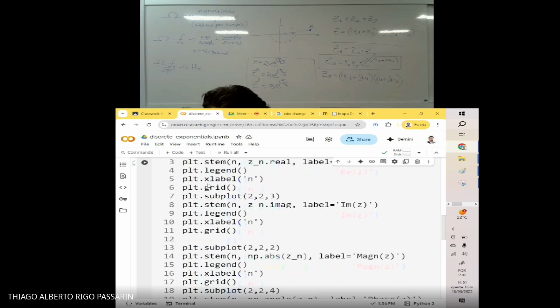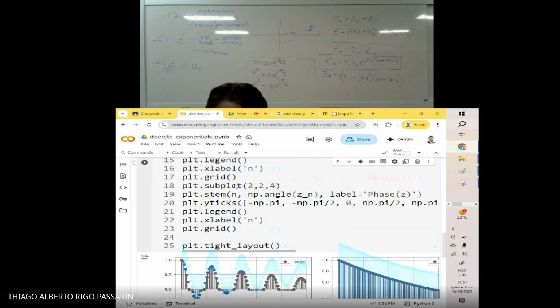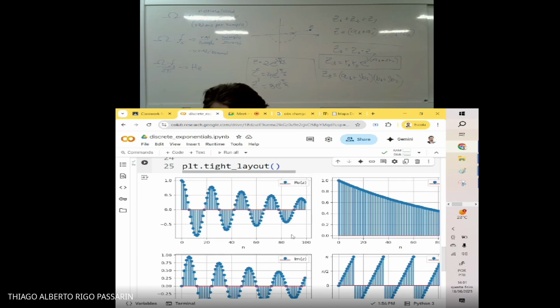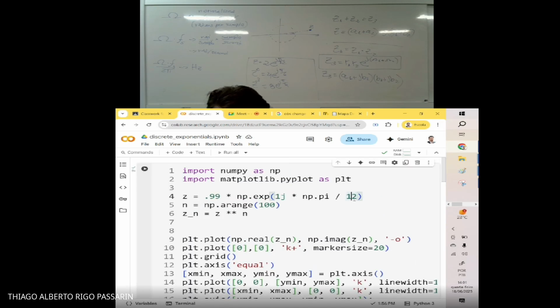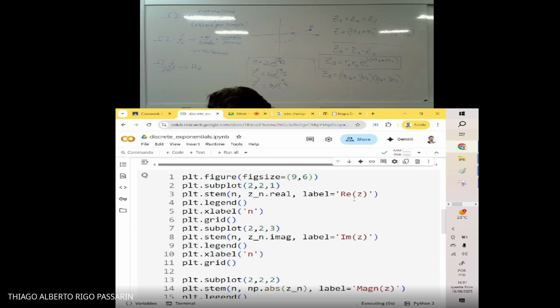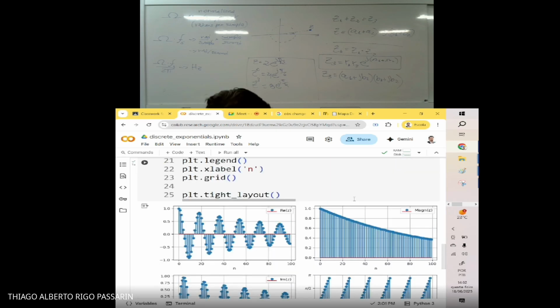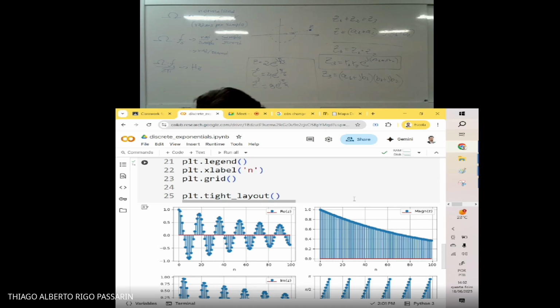If I increase it, I will increase the frequency of oscillation of these two components here. Divided by 9, for instance. Slightly larger frequency.